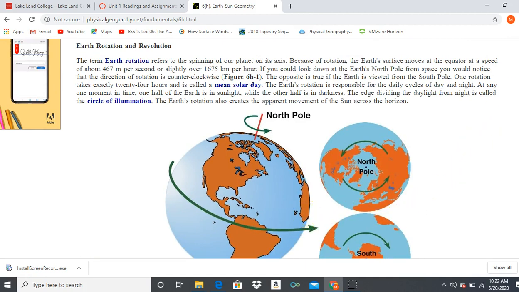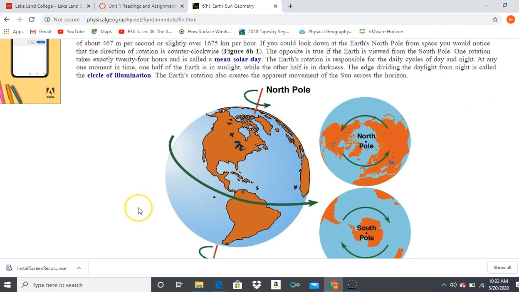There's something that's trumping the inverse square law, and that is the fact that the Earth does sit at a tilt. And this 23.5 degree tilt causes, at certain times of the year, some parts of the Earth to get different types of sunlight than at other times of the year.